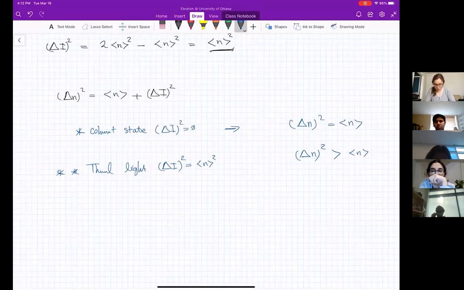Okay? Can you make a guess what's going on for the photon number or Fock state? What will be ΔI²?